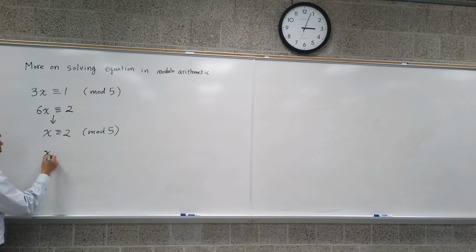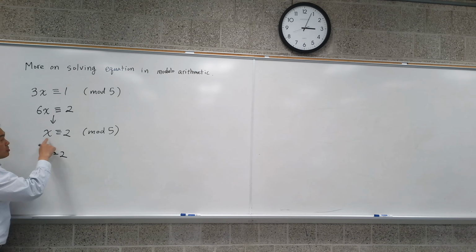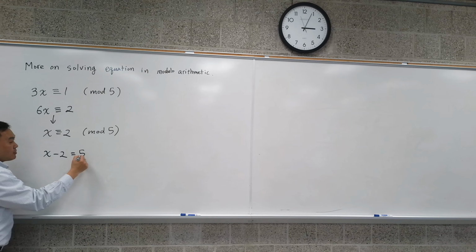When you say a and b are both congruent mod n, that means if you subtract them, then that difference is divisible by n. So x minus 2 will be something that's divisible by 5, or another way to say it is that x minus 2 is a multiple of 5.